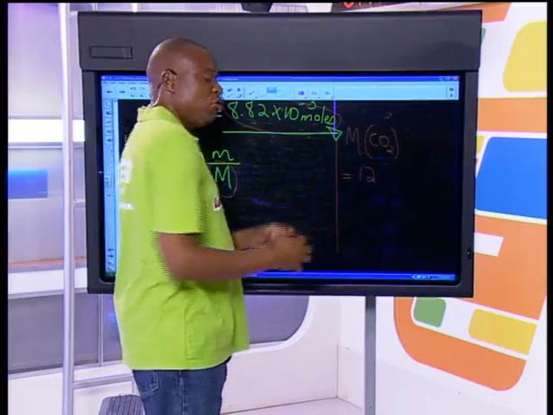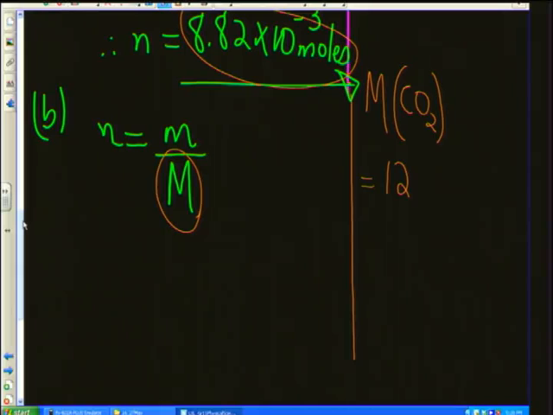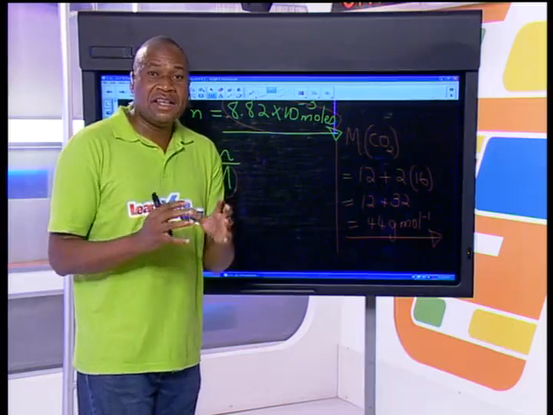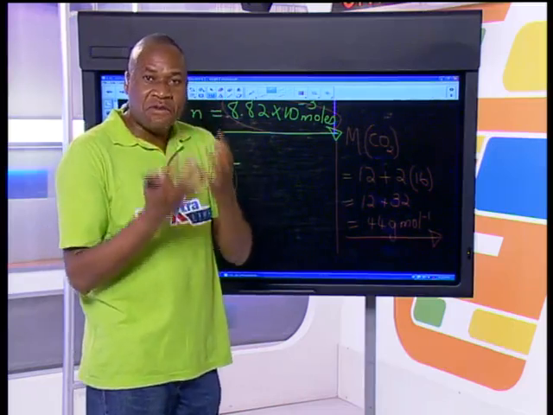Carbon is 12 and oxygen is 16. So it's 12 plus 2 times 16, which is 32. This gives you 44. So it's 44 grams per mole.